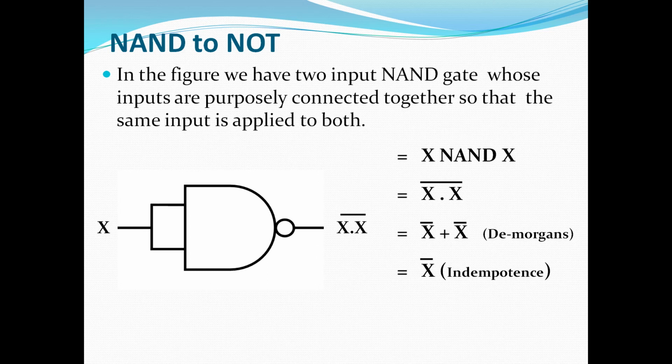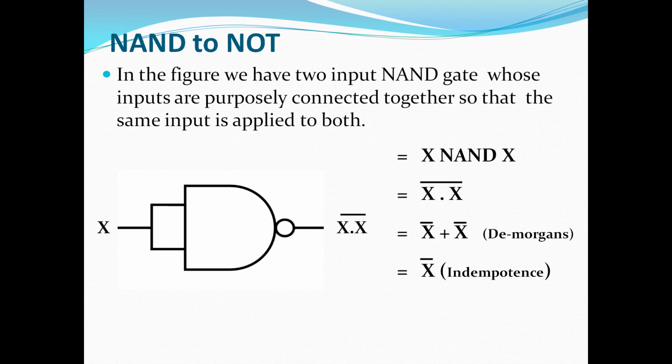Here the input is x. What is the output for a NAND operation? If x and y are the inputs, (x dot y) whole dash is the output. But here both inputs are x, so the output will be (x dot x) whole dash. We have to reduce that into x dash.